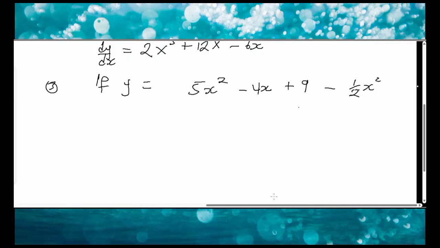Okay, half x squared. And we comma. Find dy dx. Okay, so solution.